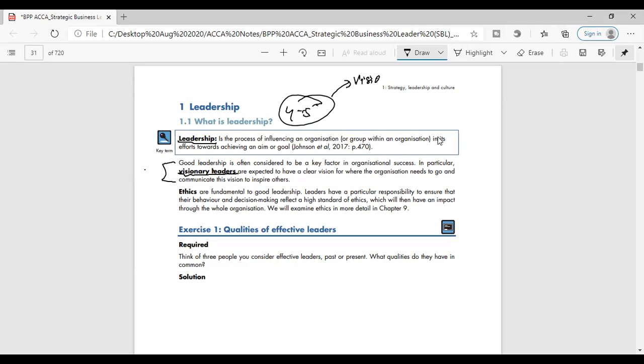They are visionary. They are change makers. They inspire. They see the future. Right? So they are futuristic.